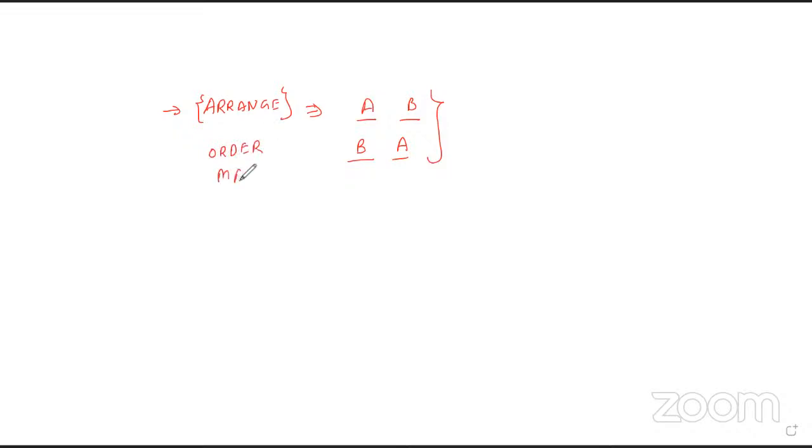And whenever there is a selection, it doesn't matter in which order you select. Combination. What matters is you are just selecting, right? Whether you select A first or B first, these will be the same. So in that case, order doesn't matter.